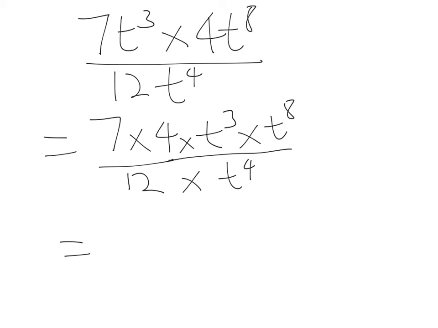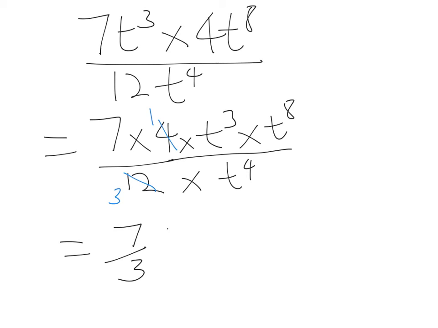Now, if I look at that, 7 fours are 28, divided by 12 doesn't actually work very nicely. So I'm going to do some cancelling. 4 goes into 4 once, 4 goes into 12 3 times, and 3 won't go into 7, so that's the best we can do. So in terms of the actual numbers, it's just going to be 7 over 3.